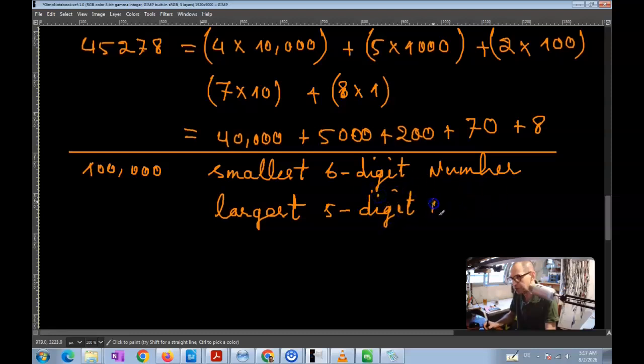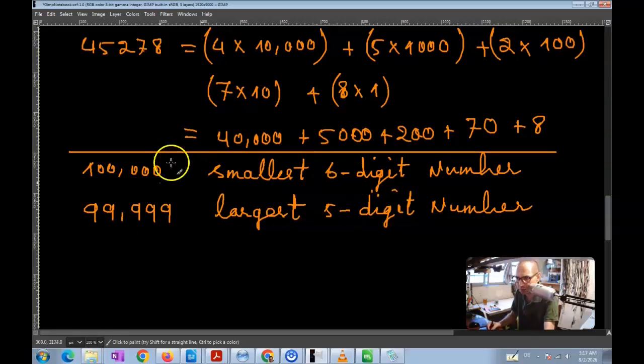What is the largest 5-digit number? You have 99,999. That's a 5-digit number, and all of the digits have been filled with nines. So that's the largest 5-digit number.